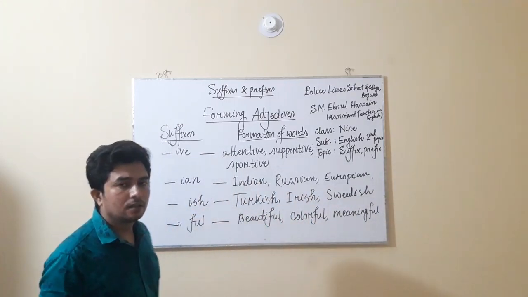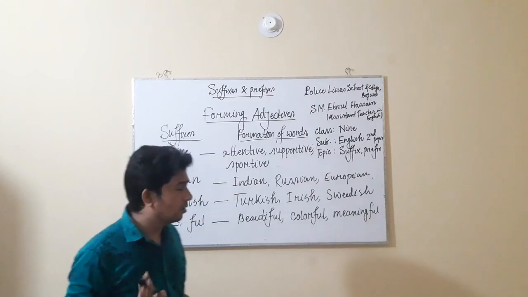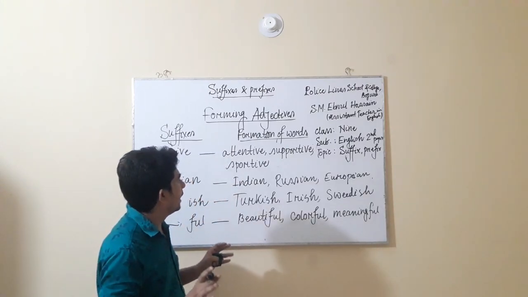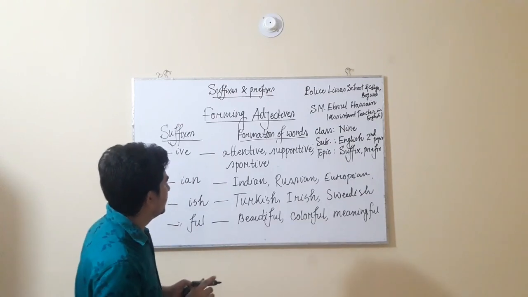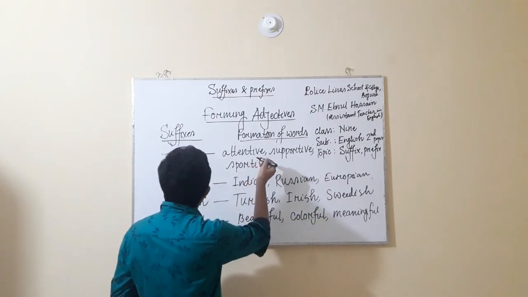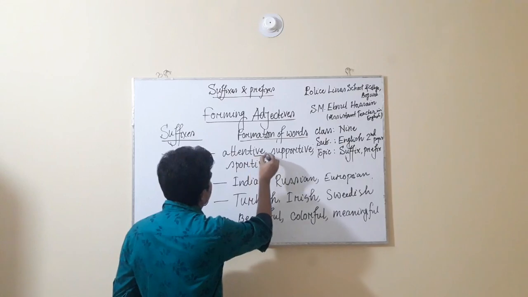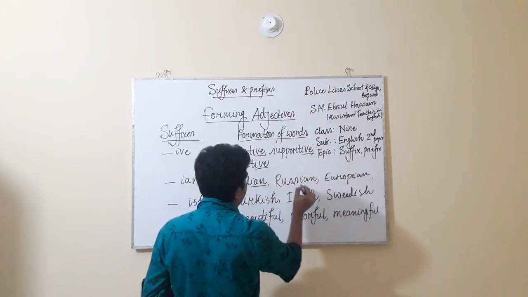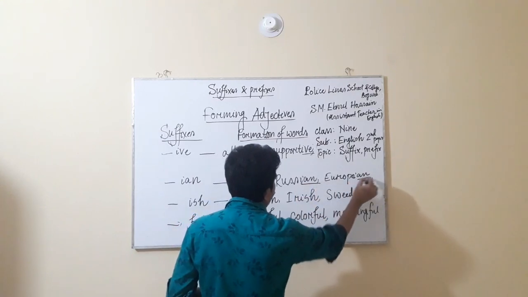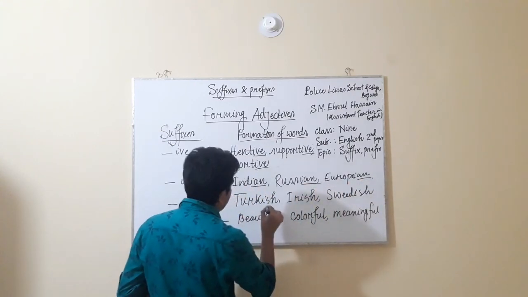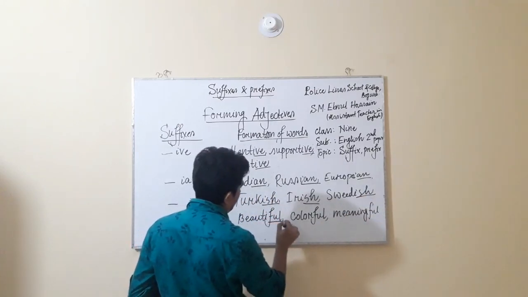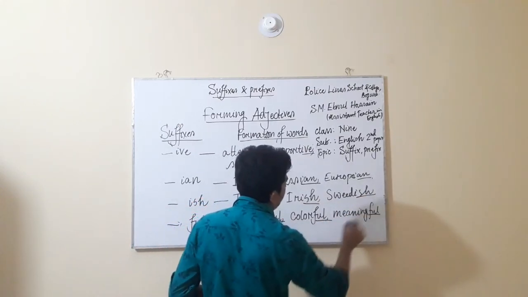So we can see that all the suffixes are added at the end of the words. IVE, IAN, ISH, FUL.